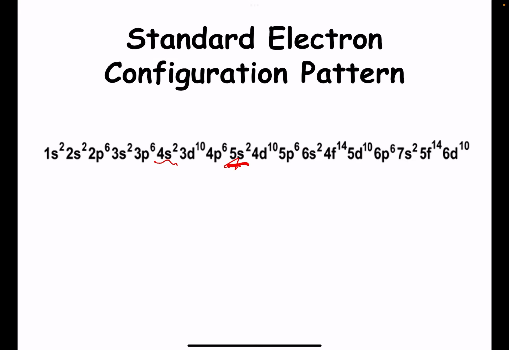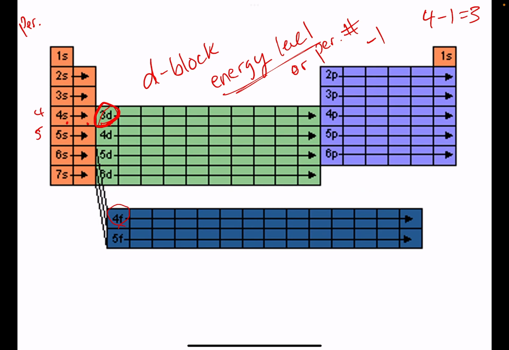Wanted to say, looking here, starting at 6s2, that's when we have an F come in afterwards. All right? So for the F block, we're going to go back.